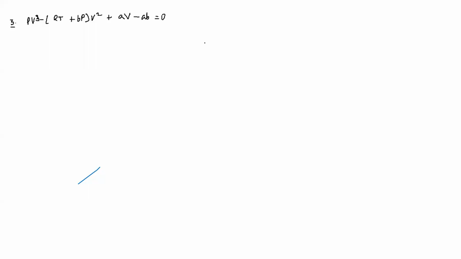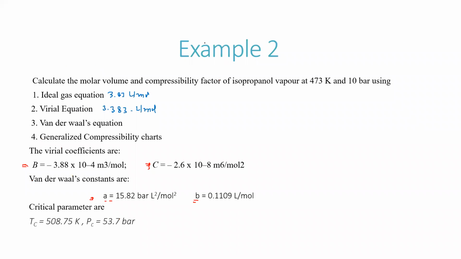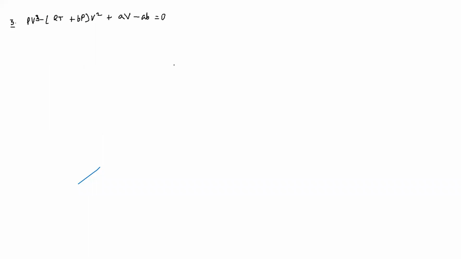So if you see, we don't really need unit conversions over here because A is given in terms of bar, liter per mole, and even B is given in terms of liter per mole. So we don't need to convert as such. We'll directly substitute the values, pressure, temperature, R, B, A, everything, and we'll get our cubic equation.